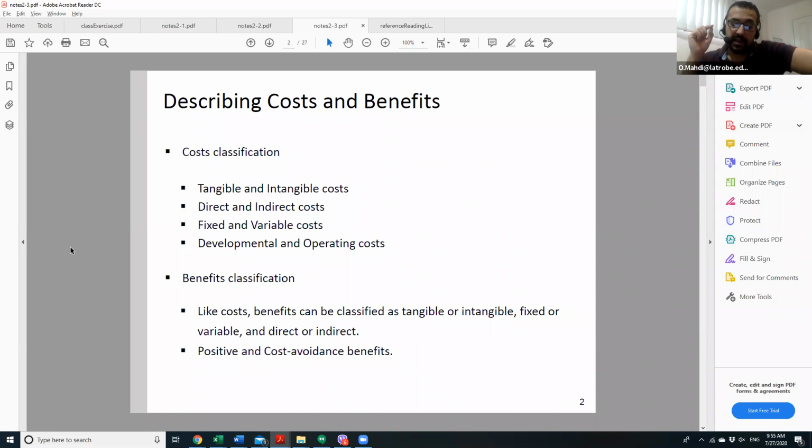That decision is whether to proceed with developing the information system or not, to start working on the information system or not.